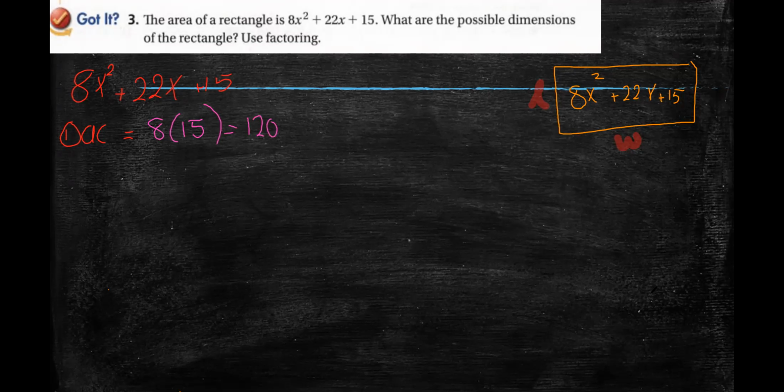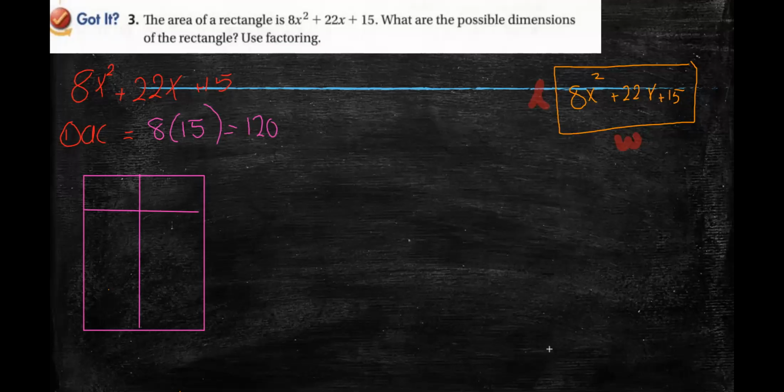After I found AC, I will draw a table and write all the factors of 120 and then the sum of these factors.